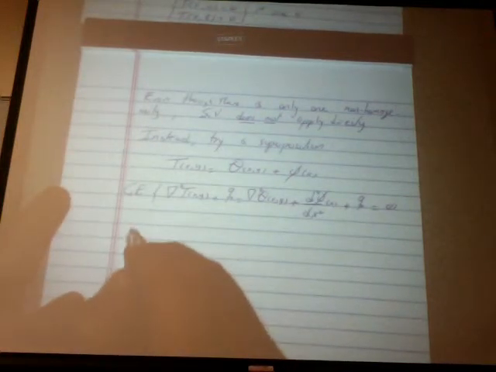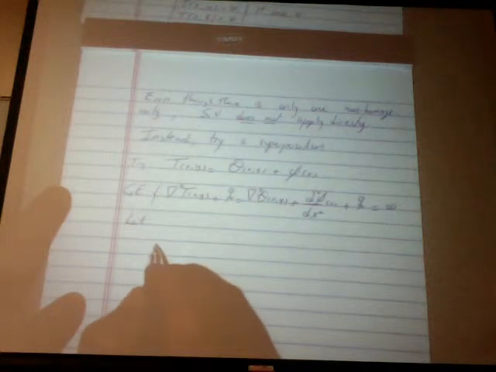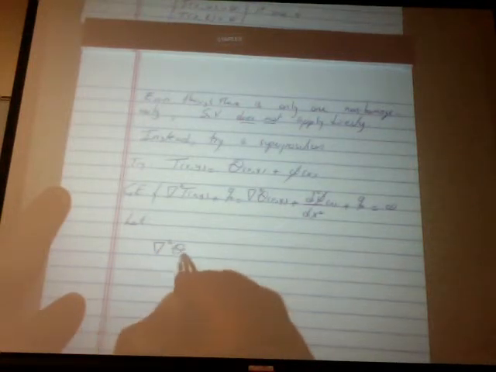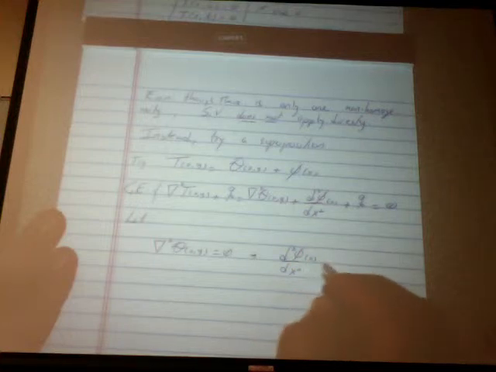And now, try this, and now let the Laplace of theta be equal to 0. If we let the Laplace of theta equal to 0, then what would happen with the second derivative of phi plus q0? What would that be? Equal to what?